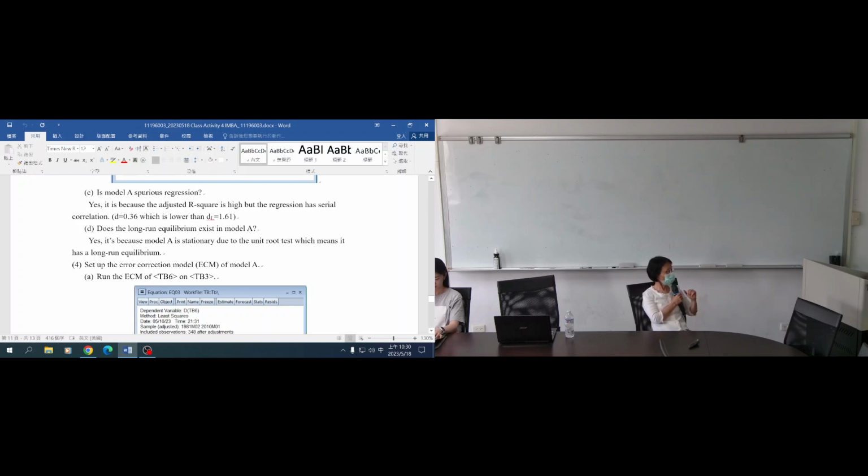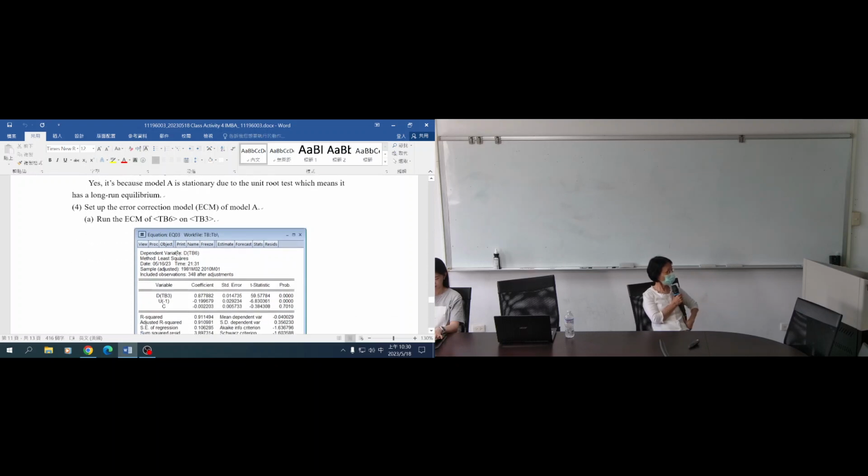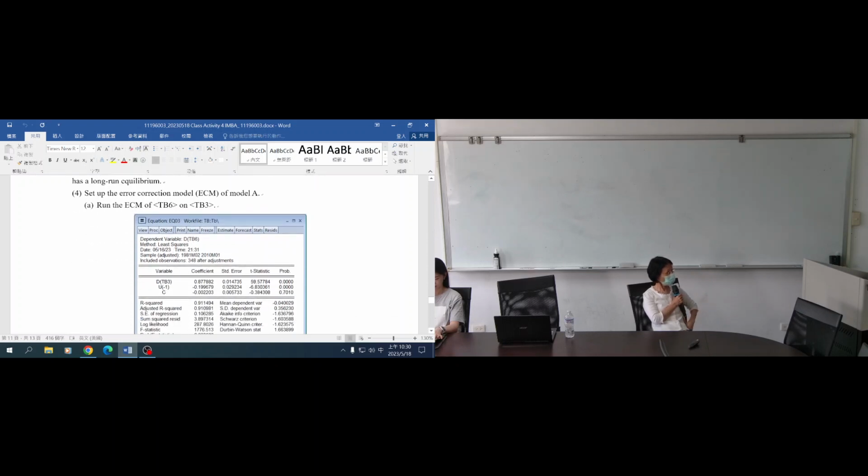Therefore, based on the residuals, we can set up the ECM. Then for the ECM, I do have two regressions. One is based on the long run, and the other one is the short run.